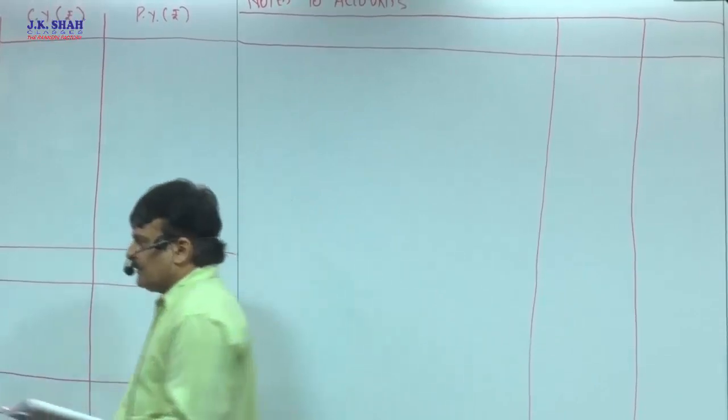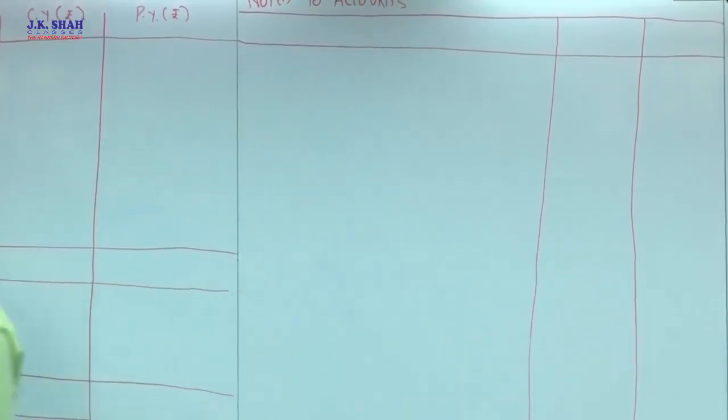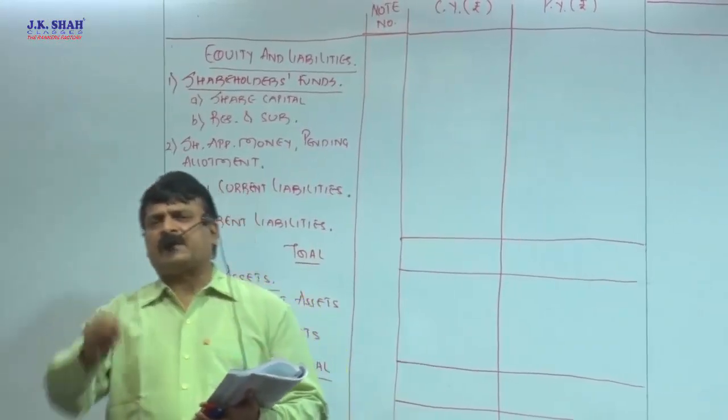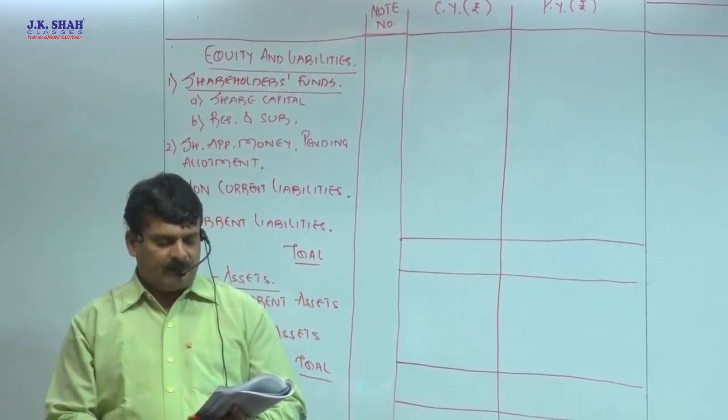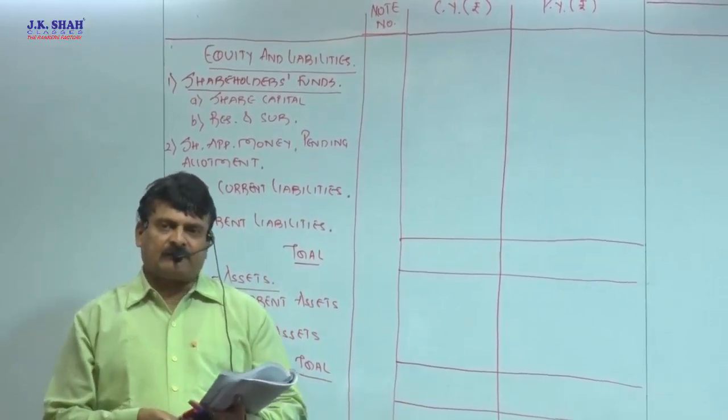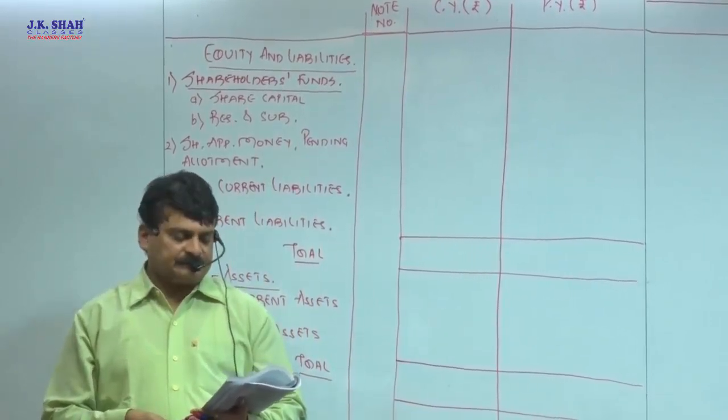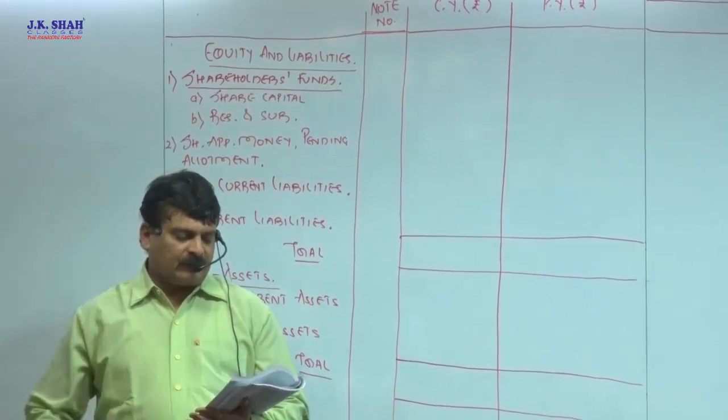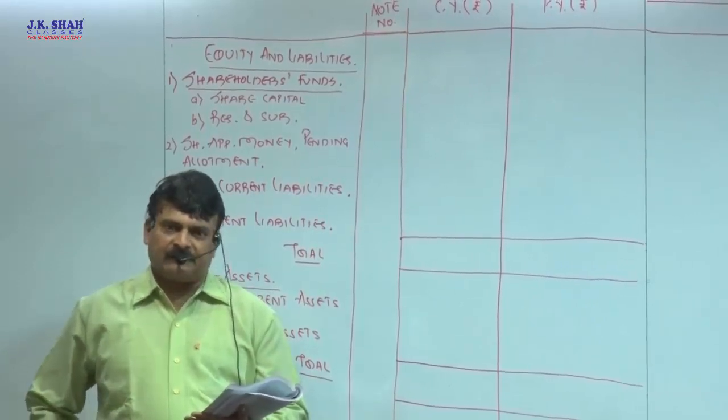So, the company has already prepared profit and loss account. You are just supposed to prepare balance sheet for the year ended 31st March 17. You are starting with credit balances. Start responding.